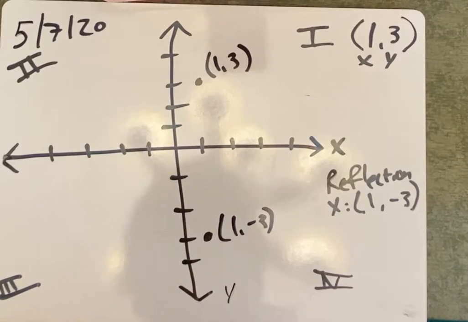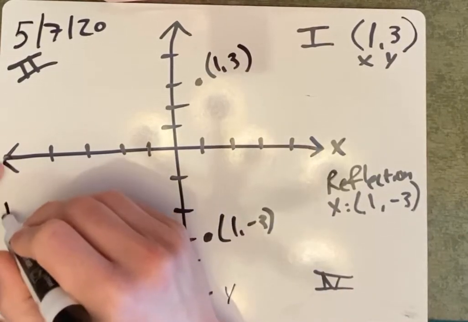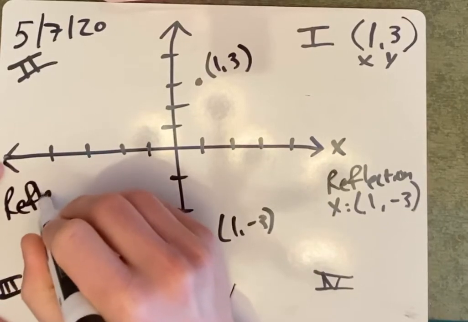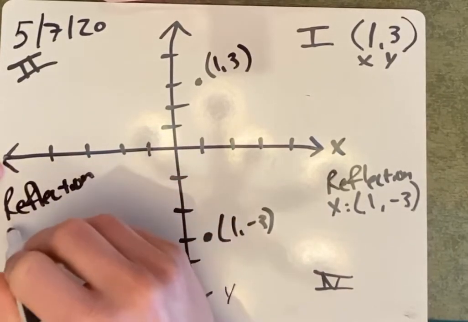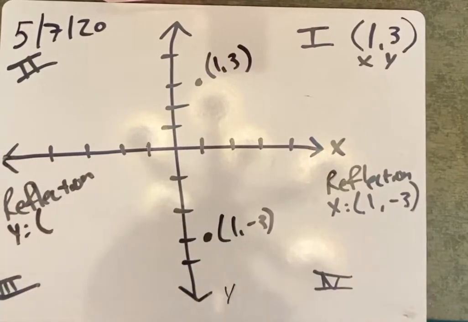When you reflect over y, you keep the y and change the x.